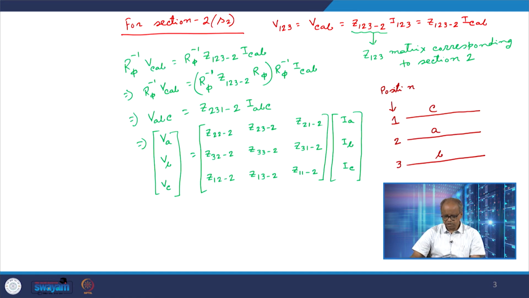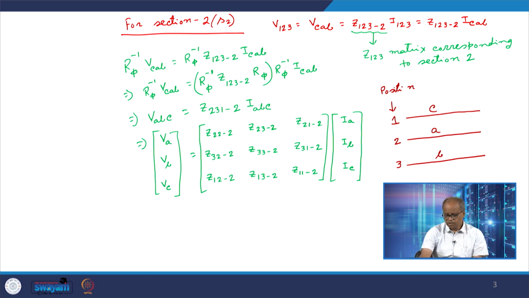So with this definition, because phase A occupies position 2, it would be Z22. Then A is connected to phase B, and phase B takes position 3, so obviously it is Z23.